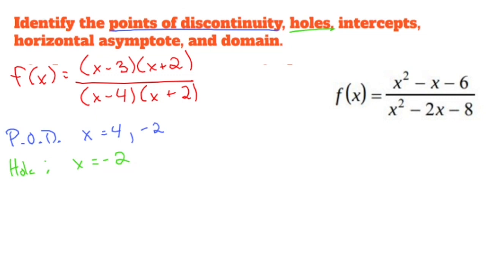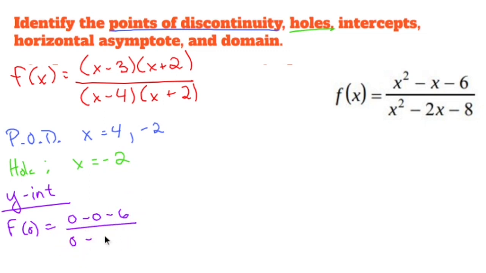Intercepts. Let's start with the easy one, the y-intercept. Remember, you find the y-intercept by substituting 0 into your equation. So f of 0 is 0 squared minus 0 minus 6, over 0 squared minus 2 times 0 minus 8.